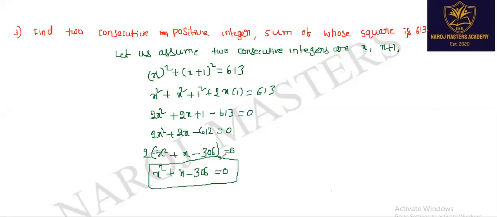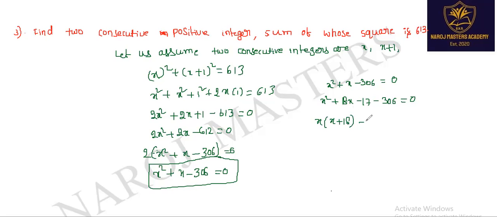Now look at here. By factorization method also we can do this. So x square plus x minus 306 equal to 0. Now make it in terms of factorization. So x square plus 18x minus 17x minus 306 equal to 0. Now take x common here: x into x plus 18.